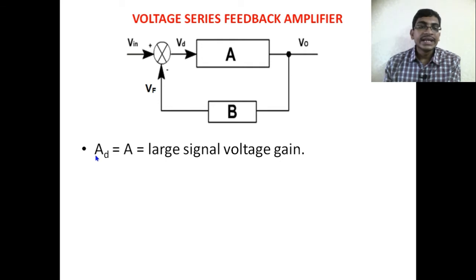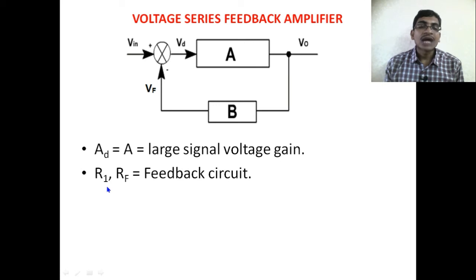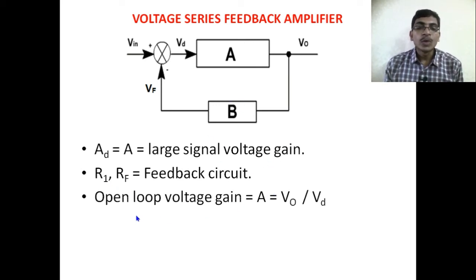Here AD or A is the large signal voltage gain, or open loop voltage gain, and R1 and RF are in the feedback circuit. The open loop voltage gain A can be given as V0 divided by VD, where V0 is the output voltage and VD is the differential input voltage of our operational amplifier.